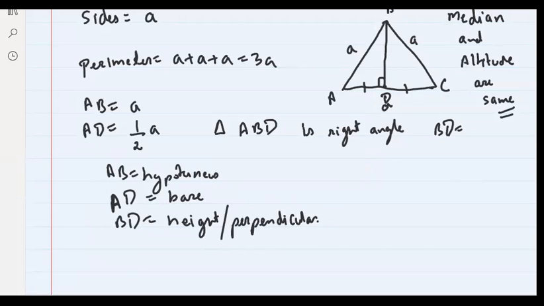Now tell me, what can we use? We have two parameters. We need to find the third one. Have we studied something like this? Pythagoras theorem, right? There's no congruency thing. We have to find height. Pythagoras theorem.